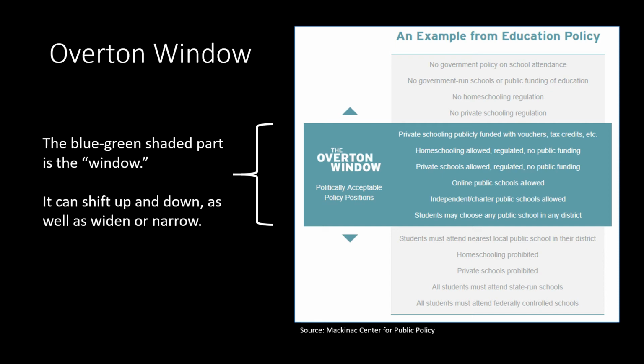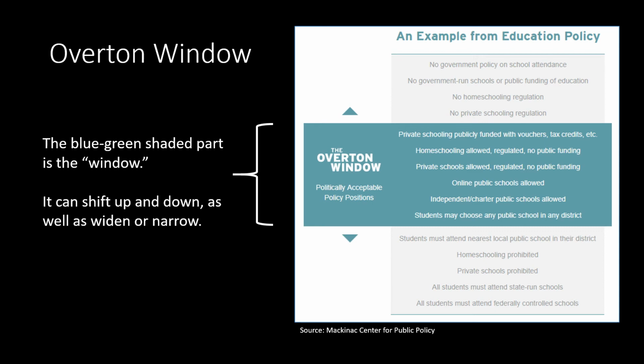This may or may not coincide with the left-right political spectrum, so to have some distance from that, because it doesn't necessarily coincide with it, the Mackinac Center put it as a stack, up and down instead of left and right. The example here from the Mackinac Center happens to be on education policy. In their view, at one end of the spectrum, the top, that might be a policy of, let's say, no government policy on school attendance.